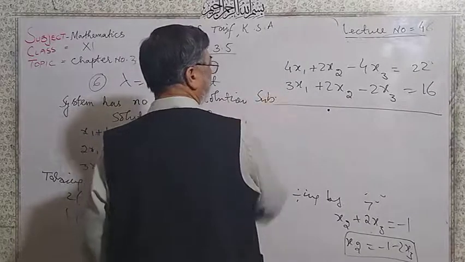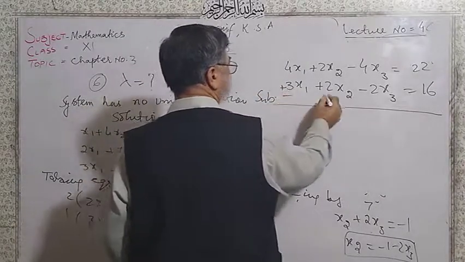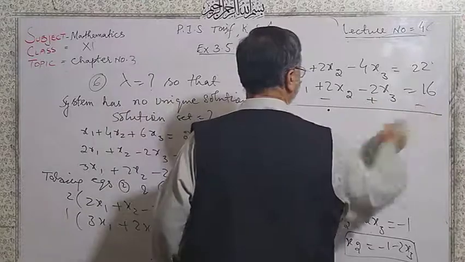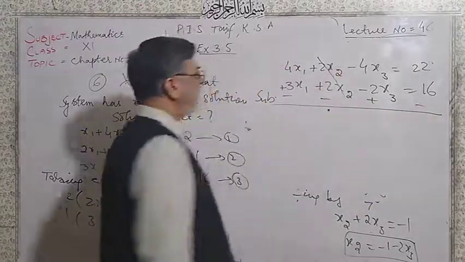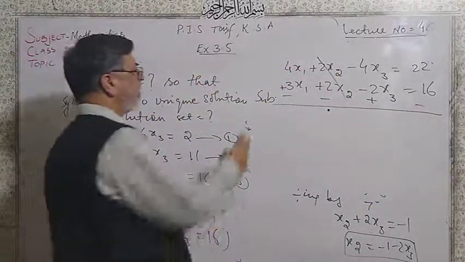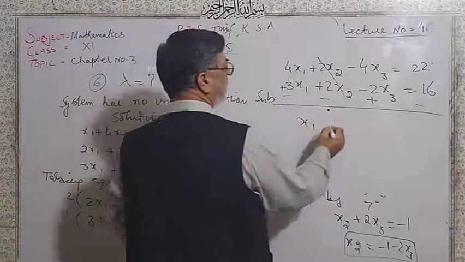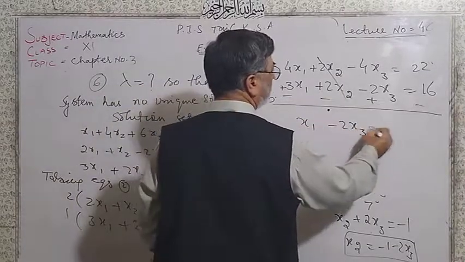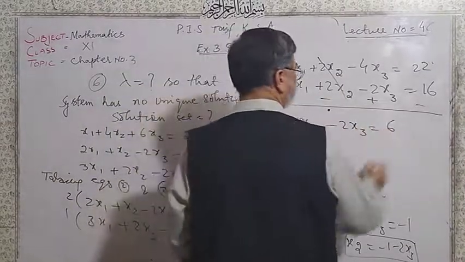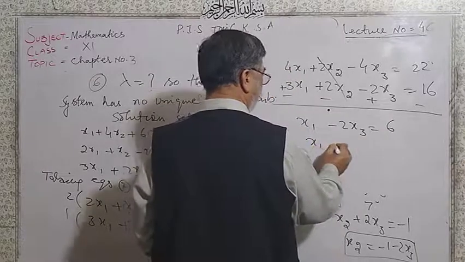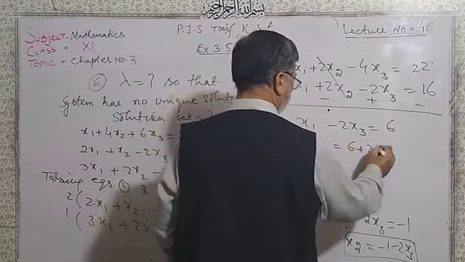Again subtracting, minus, minus, plus and minus here. 2x2, 2x2 cancelled out. We are left with x1 minus 2x3 is equal to 6. So x1 is equal to 6 plus 2x3.